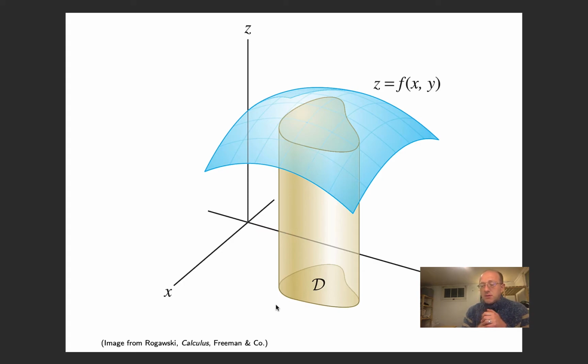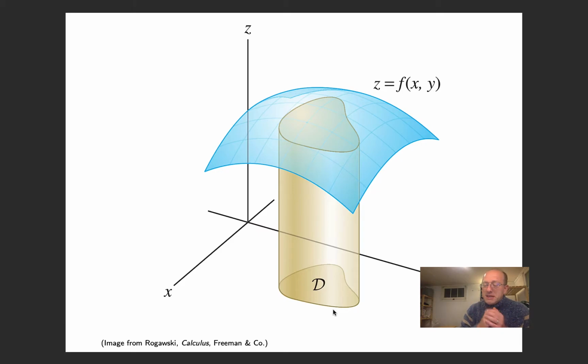So that's something that we're going to have to talk about as we go forward. In this section, we're going to concentrate on the case of rectangles. So it's a little bit simpler. And we'll postpone dealing with these kinds of domains, but just be aware that the domain is something that has to be specified.